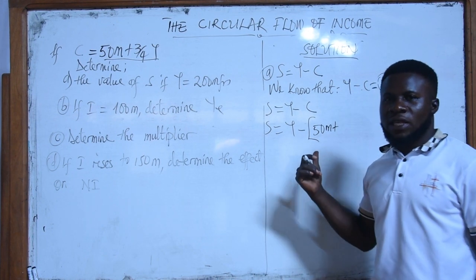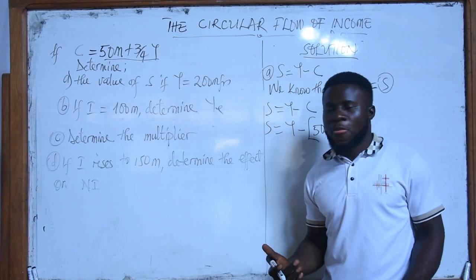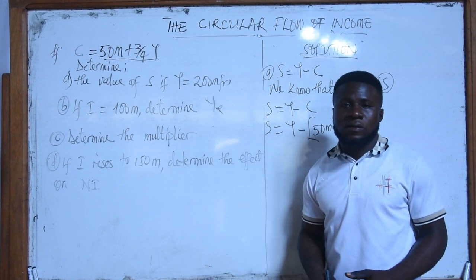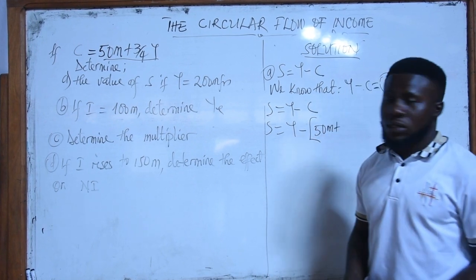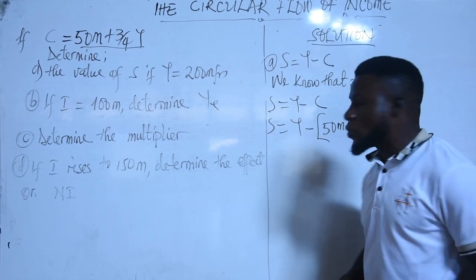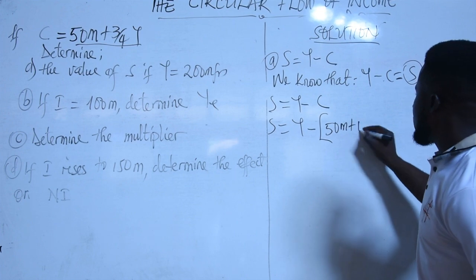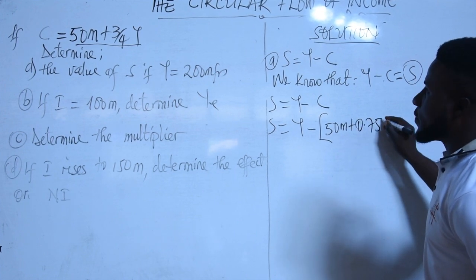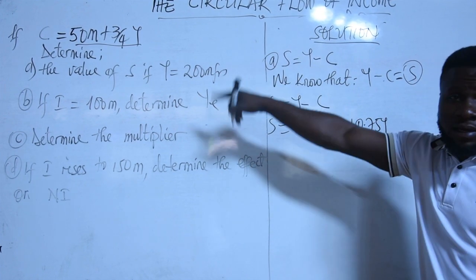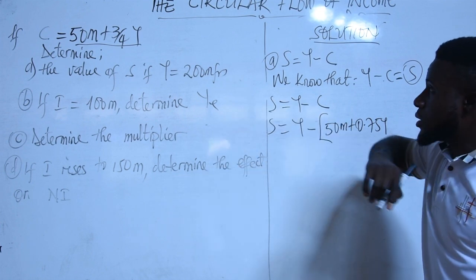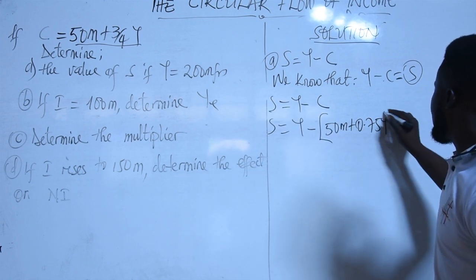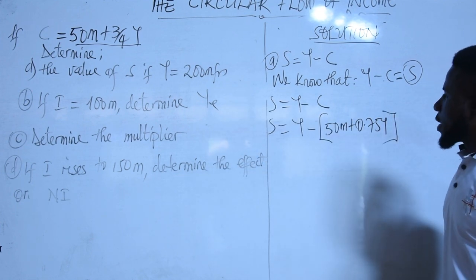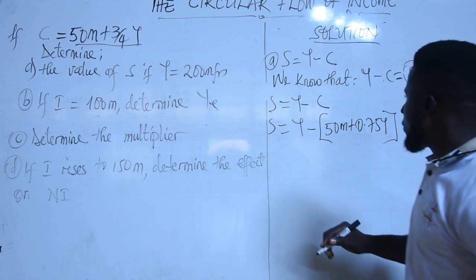Let us work with decimals so that it is much easier. 3/4 is the same as 0.75. So we have 50 million plus 0.75Y. I've just divided 3 by 4. It gives me 0.75. Okay, so that is what we have.